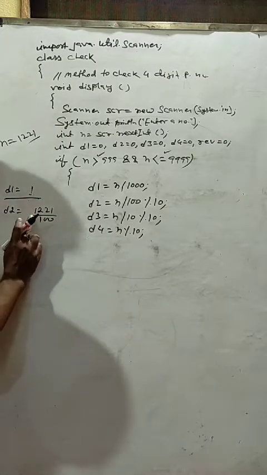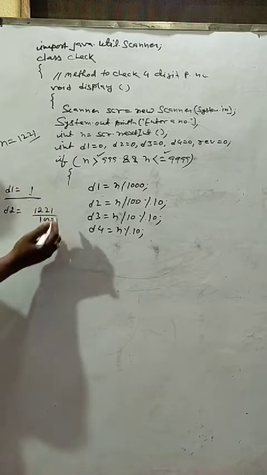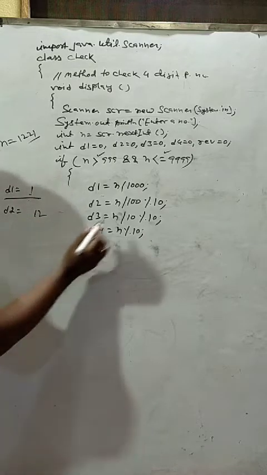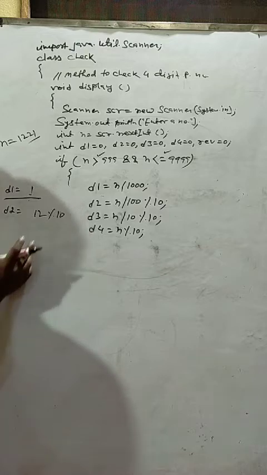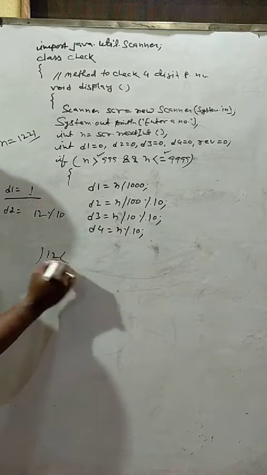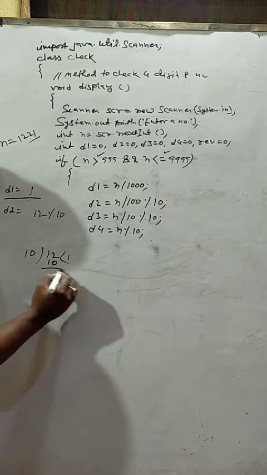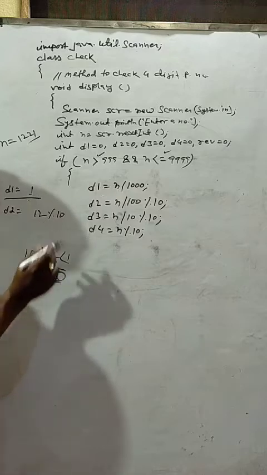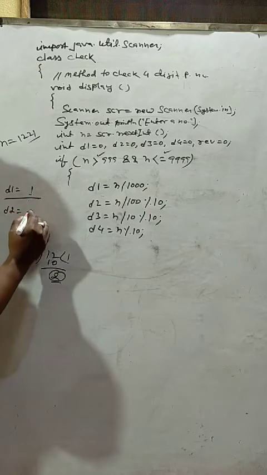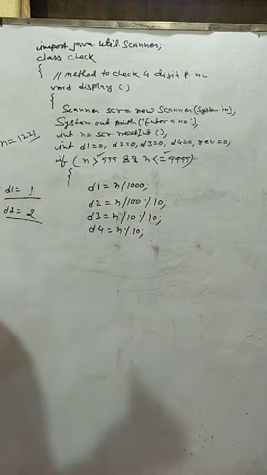So the basic result is 12.21, but since it is integer, it stores only 12. 12 mod 10 means we divide 12 by 10, and the remainder is 2. The modulus operator is used to calculate the remainder. So here 2 will be stored in d2. This way we extract the second digit.